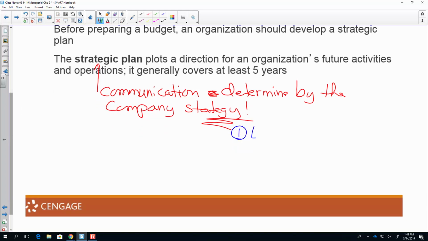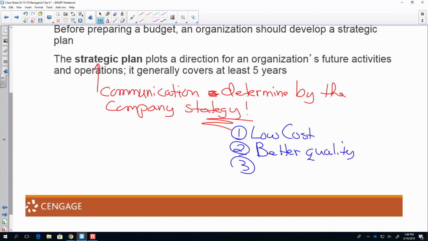Just as an example, a company's strategy might be, we're going to be the lowest cost for this particular item that we're making. Or we're going to have a higher cost, but we're going to sell on a better quality platform.